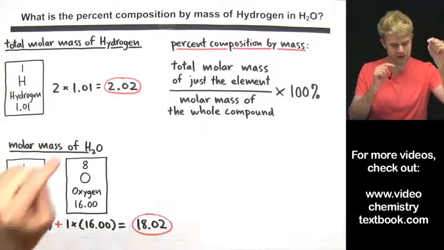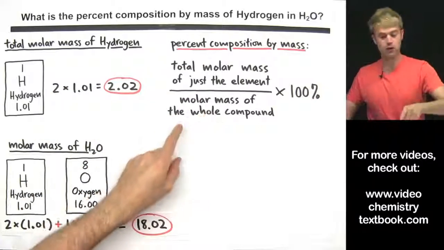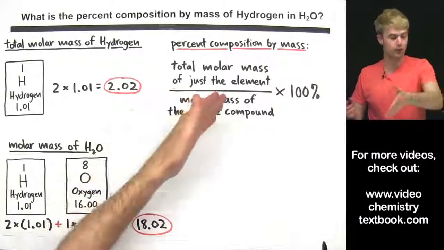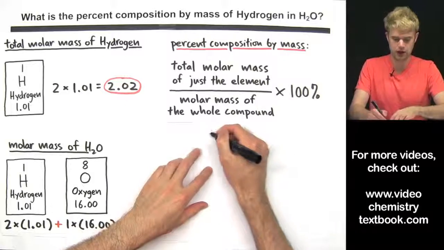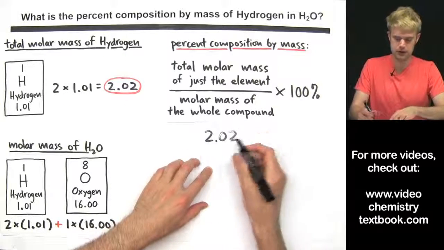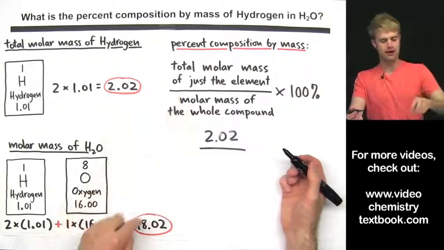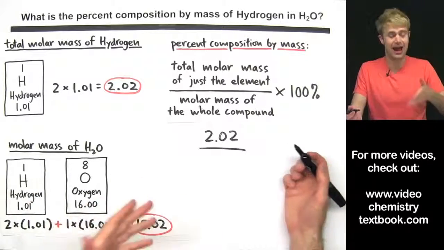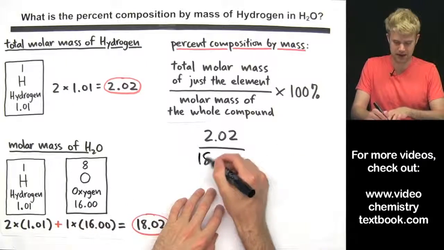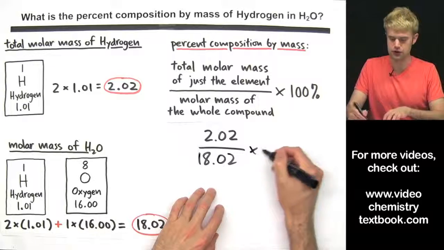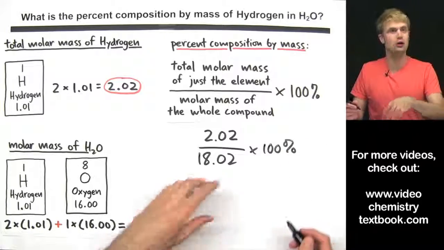So now we can take these values and plug them into the equation. On the top, the total molar mass of just the hydrogen is going to be 2.02. And then on the bottom, the molar mass of the whole compound, of the hydrogen and oxygen added together, of the water, is going to be 18.02, times 100%. I'll do this in 2 steps.